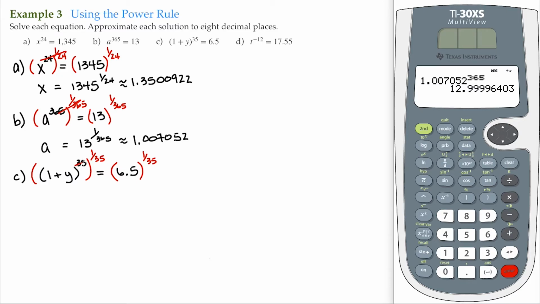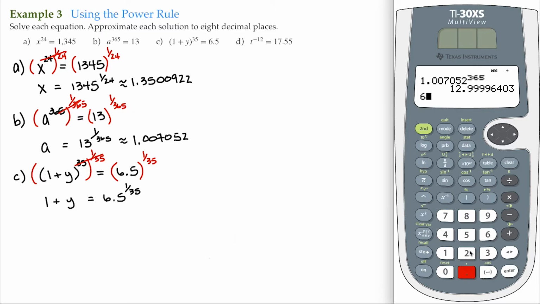These are going to cancel. That's the whole idea. So I'm left with 1 plus y equal to 6.5 to the 1/35th power.